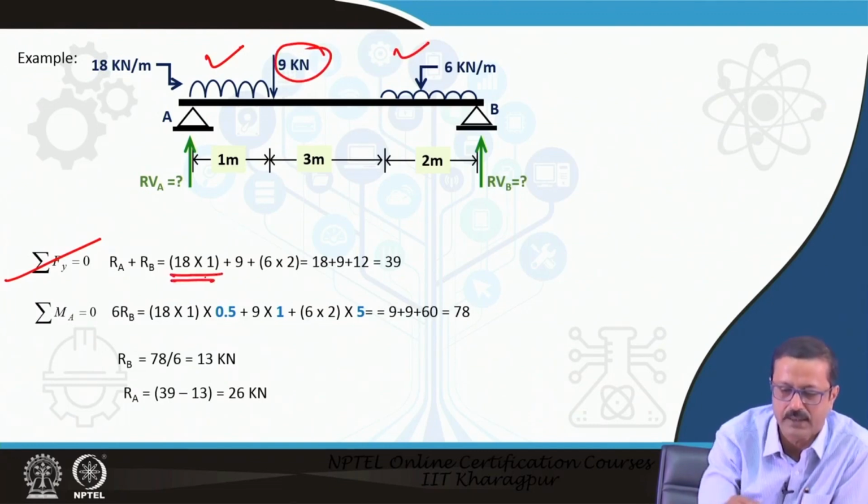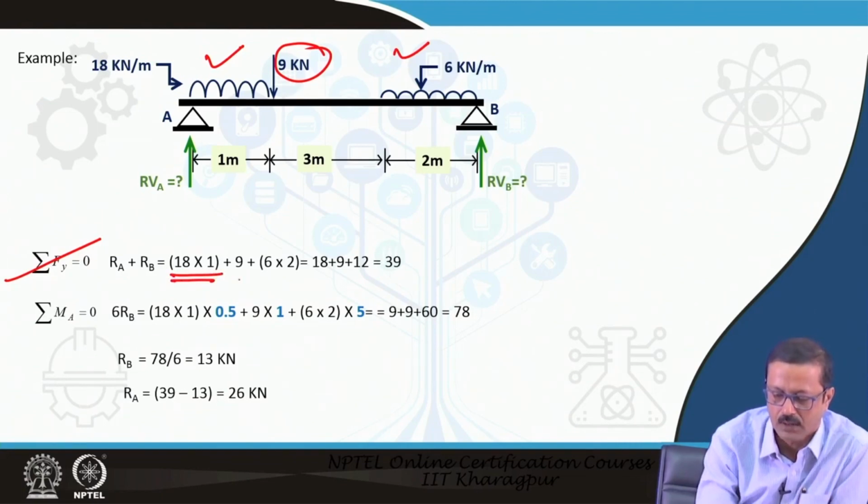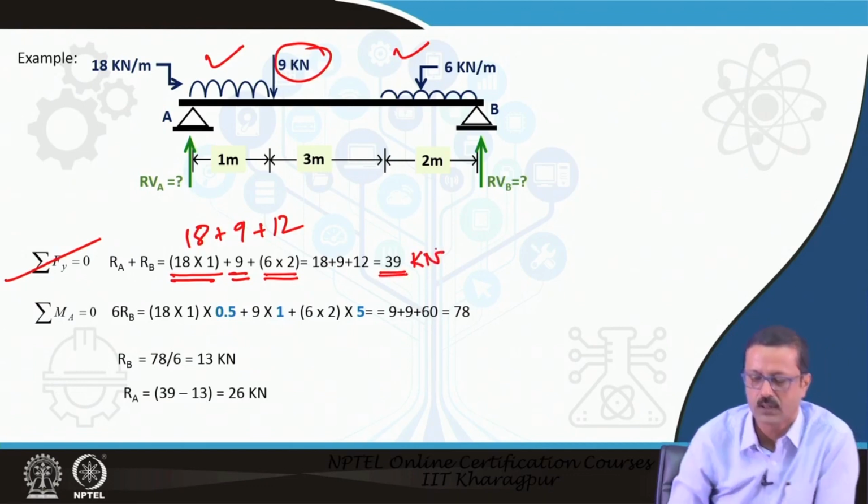Why 18 into 1? 18 kilonewton per meter is the intensity over a length of 1 meter. Now, 9 is straightforward, and this is 6 into 2. Why 6 into 2? 6 is the intensity of the load over a distance of 2 meters. So, that is 18 plus 9 plus 12, which is equal to 39 kilonewton, the total downward load.